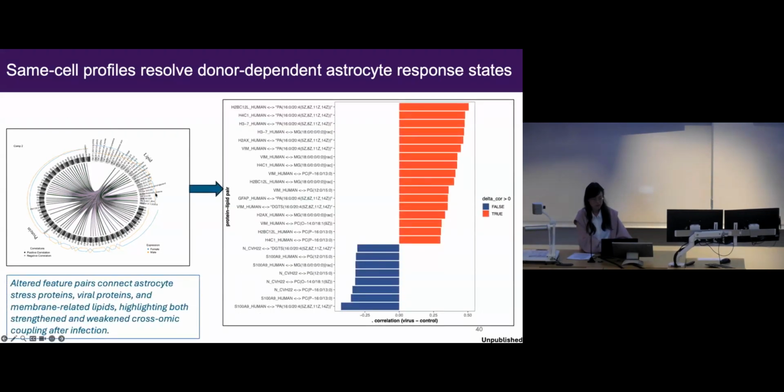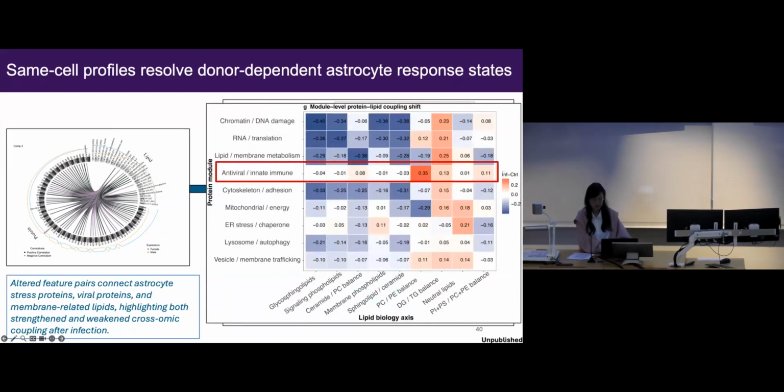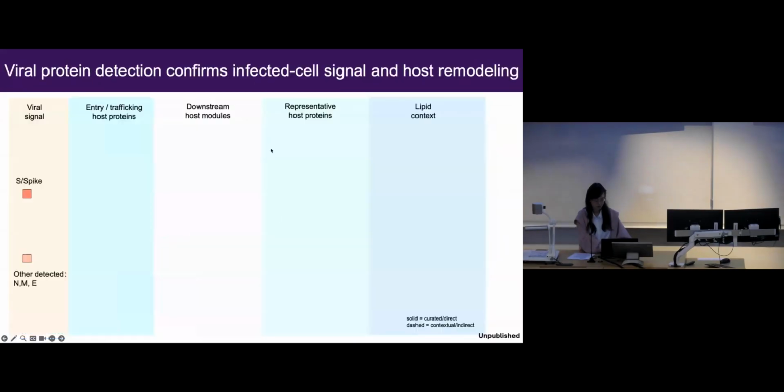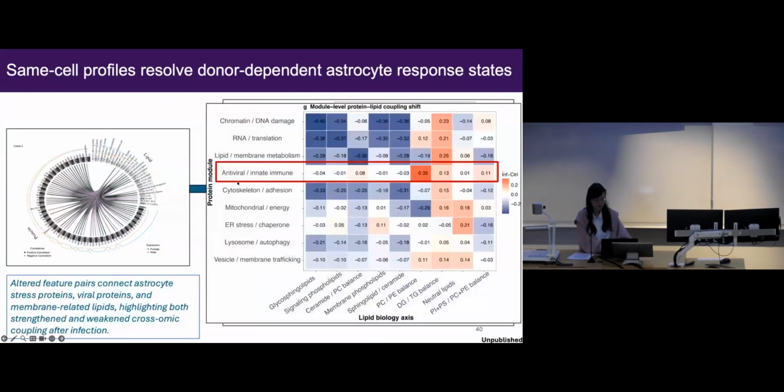On the left, you can see the circular plot that shows the protein-lipid feature pairs, and those pairs connect the astrocyte stress proteins, viral proteins, and some membrane-related lipids. In the global view, we can see that some antiviral and immune response proteins are correlated with some PC and PE lipid programs.